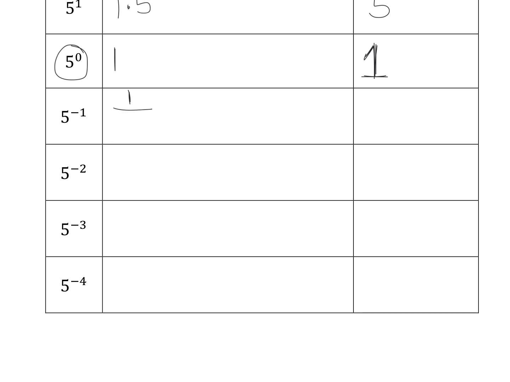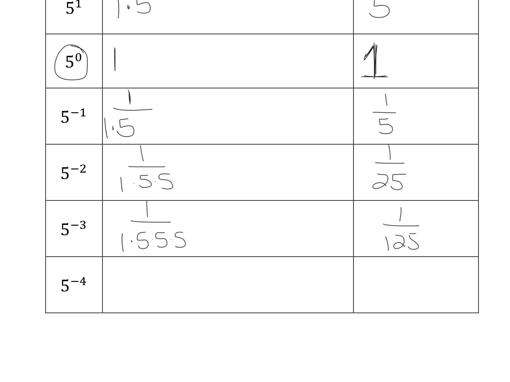If I have a negative exponent, so we have 1 over 1 times 5, which is just 1/5. 5 to the negative 2, 1 times 5 times 5 is 1 over 25. So that negative exponent is going to make sure that we go in the denominator. 1 times 5 times 5 times 5 is 1 over 125.